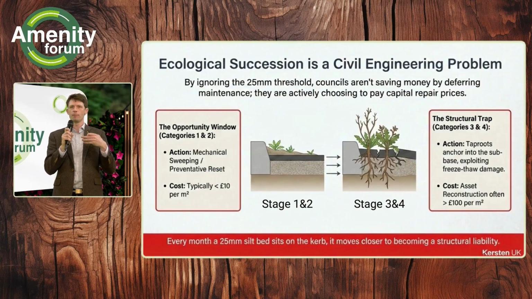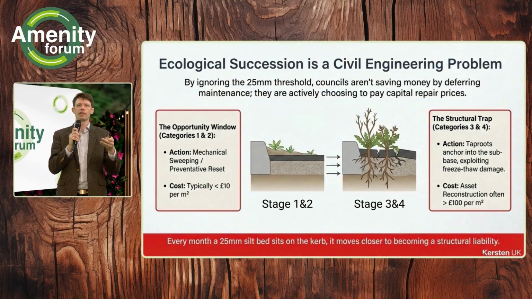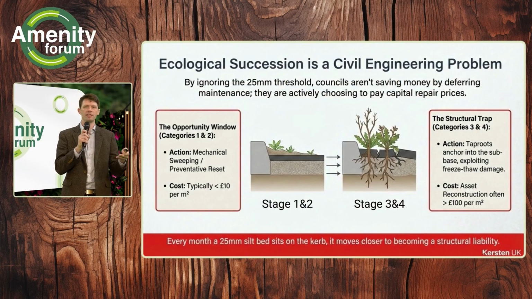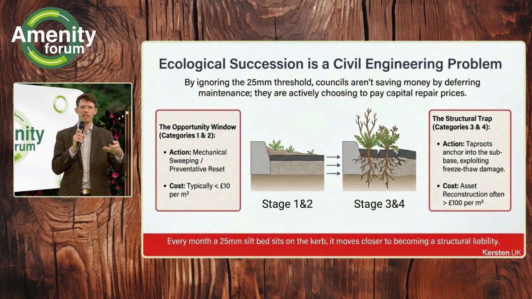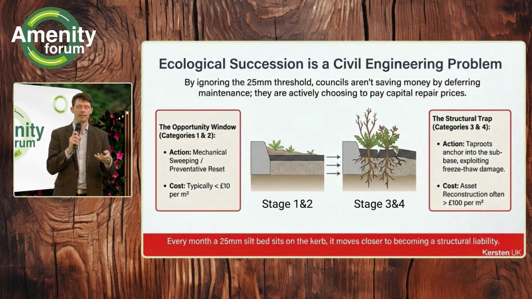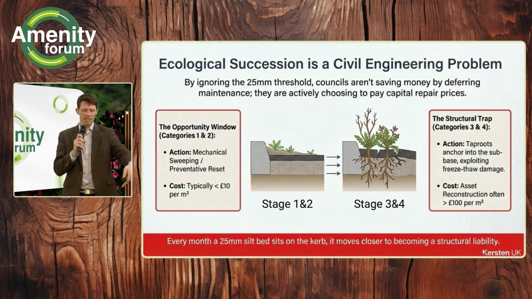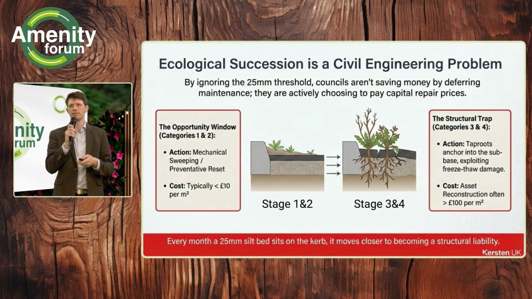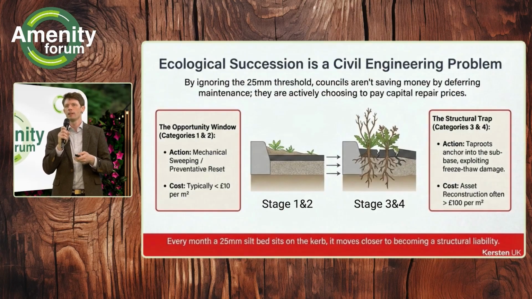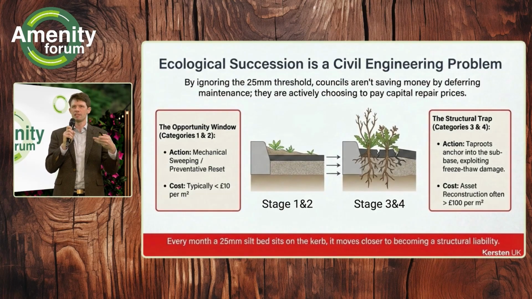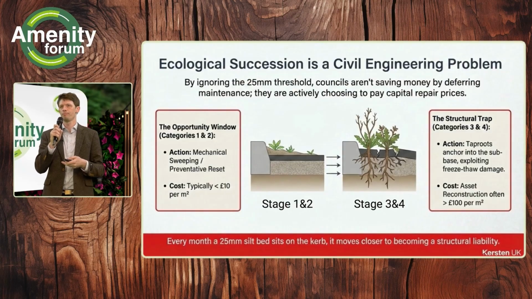And applying a preventative sweep and other preventative maintenance in total across a year might typically cost less than £10 per metre squared. A sweep is significantly less than that, but if you start treating the crack up the edge of the curb, for instance, sealing, that kind of maintenance is on the preventative side.